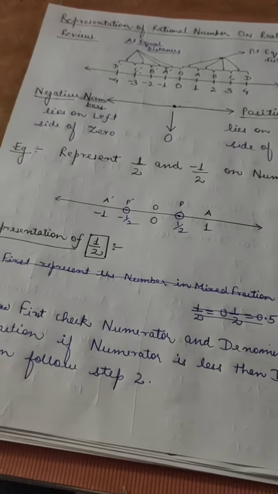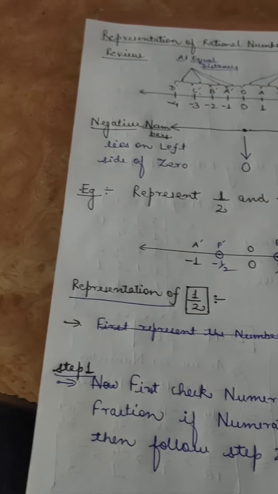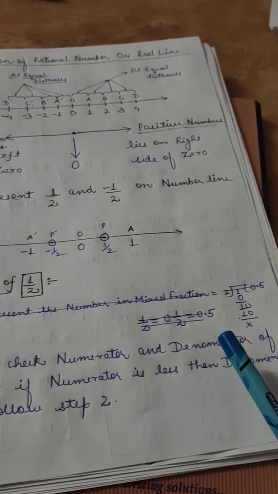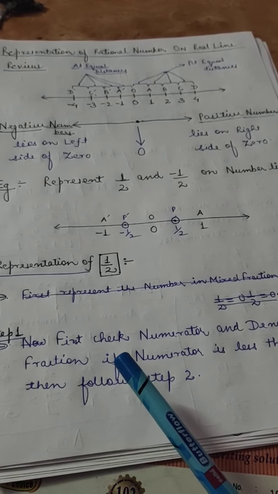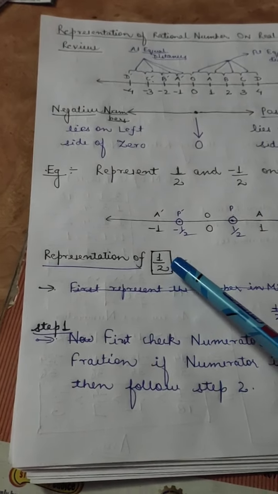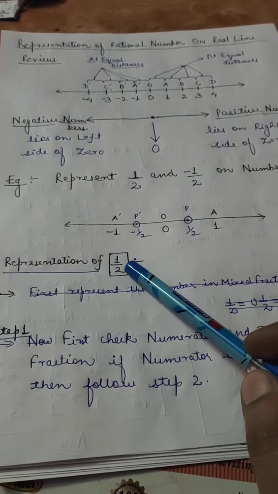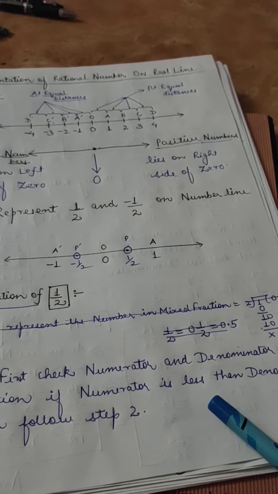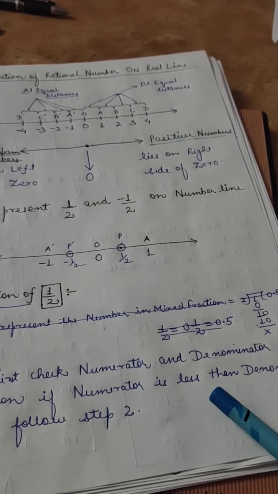So first let's see how to represent 1 by 2. In order to represent 1 by 2, first check the numerator and the denominator of the given fraction. In 1 by 2, the numerator is 1 and the denominator is 2. So which one is greater? The denominator is greater and the numerator is less.